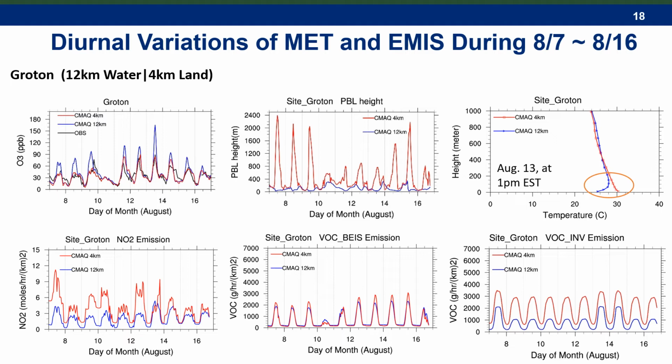The total NO2 and VOC emissions at 4 km are much higher than those at the 12 km platform. Ozone simulations from 4 km CMAQ are much lower than those at 12 km CMAQ, since the PBL height increases dramatically and the air temperature inversion near the surface disappeared compared to the 12 km platform.